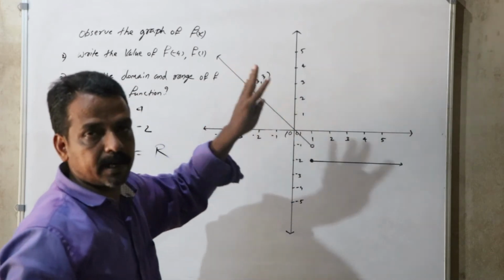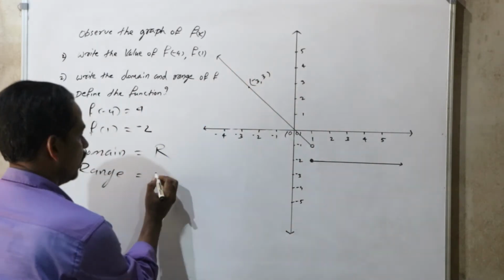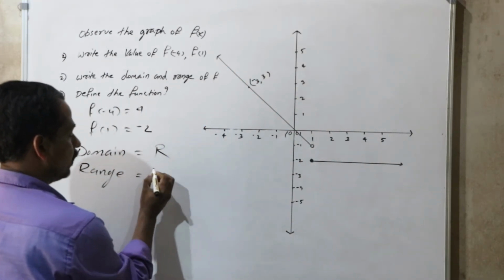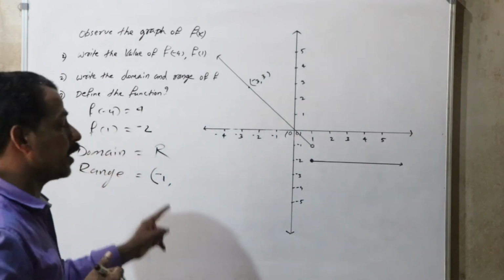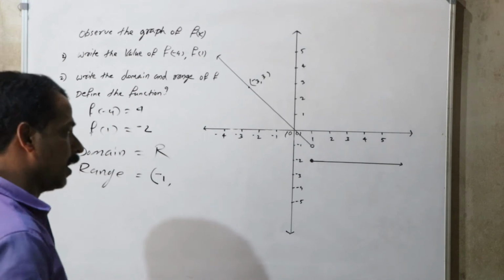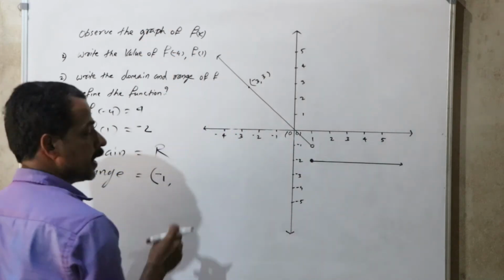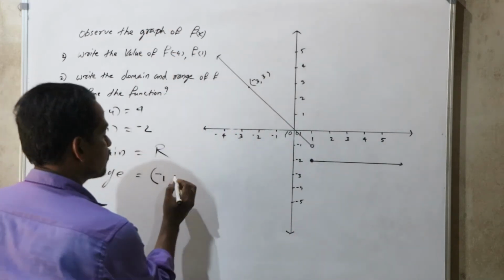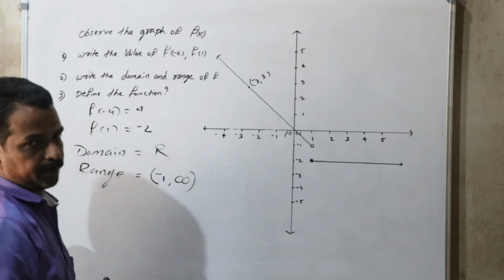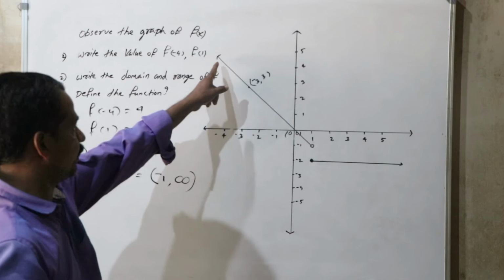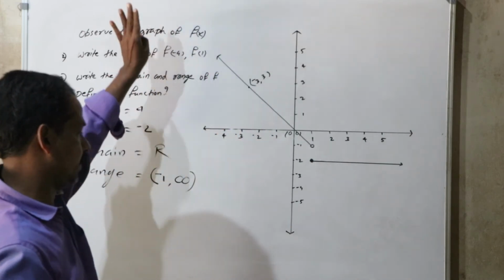This line's range is the open interval from -1, because -1 is not included, and going upside to positive infinity. Okay?